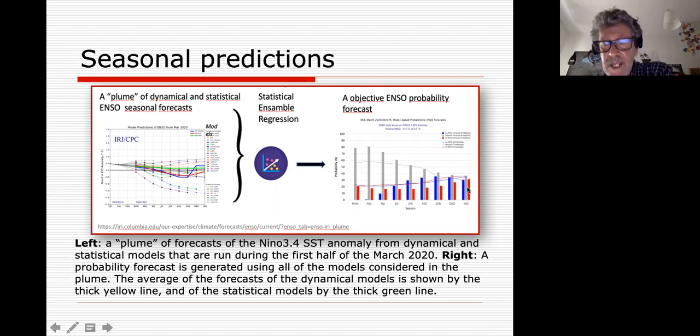What does it mean? It means that the predicting capability of this statistical ensemble regression tends to be negligible. So we don't have any specific information.